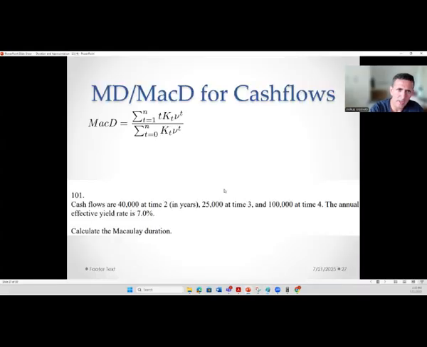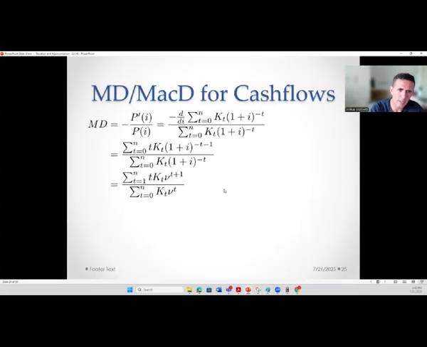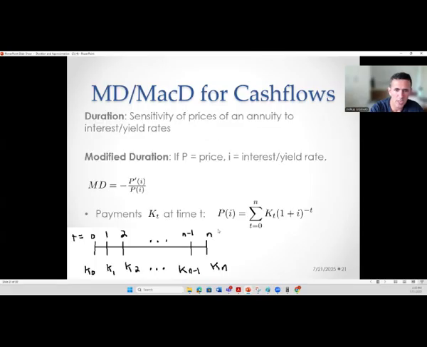And one thing I haven't emphasized, or haven't touched, is the cash flow keys. Using the cash flow keys, I suppose it's a little bit easier.